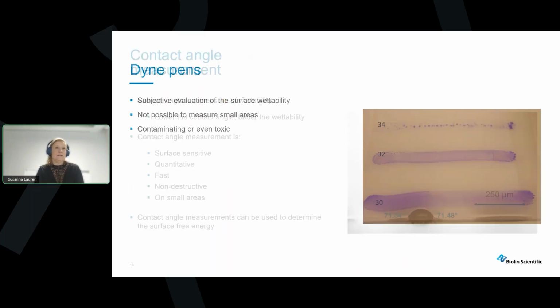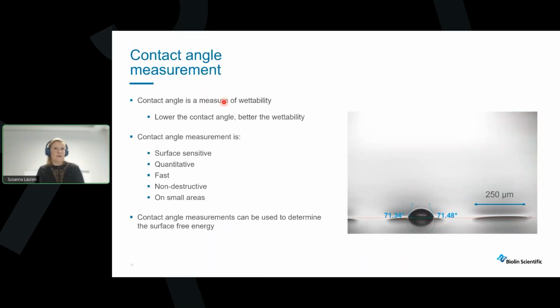And if we then think about the contact angle measurement, as I said before, contact angle is really a measure of wettability. Basically, lower the contact angle value, better the wettability of the surface. And contact angle measurements are very surface sensitive. So we are really evaluating the outmost surface of our sample. It also gives you a number, so it's a quantitative method compared to the dyeing pens.